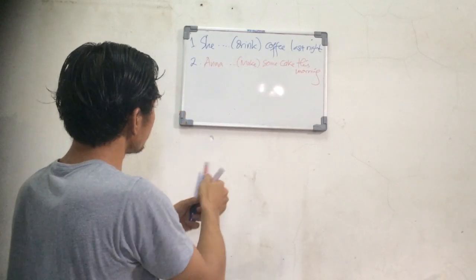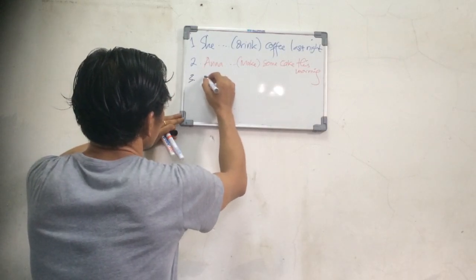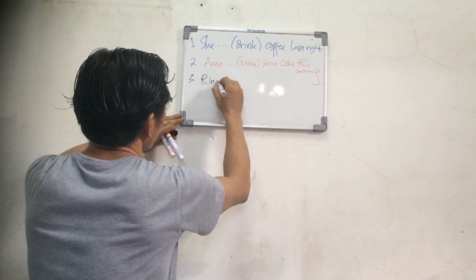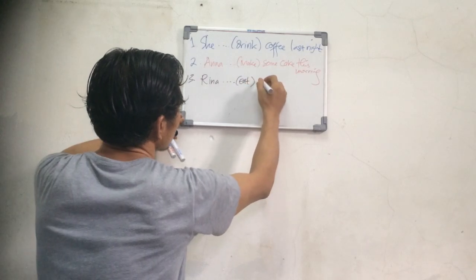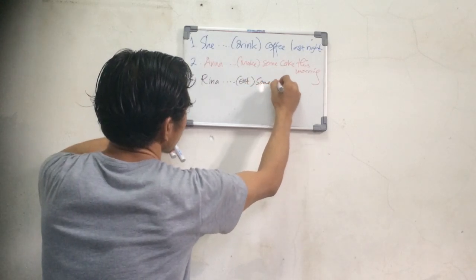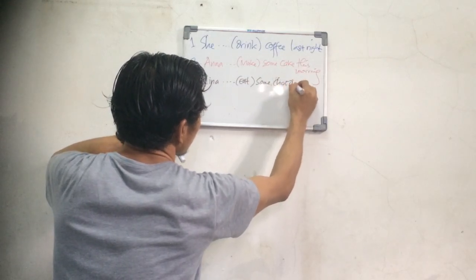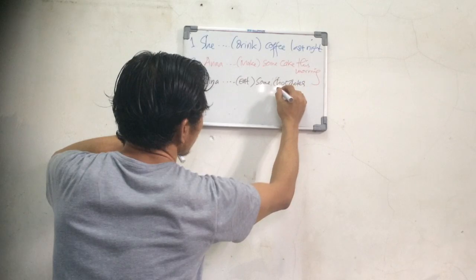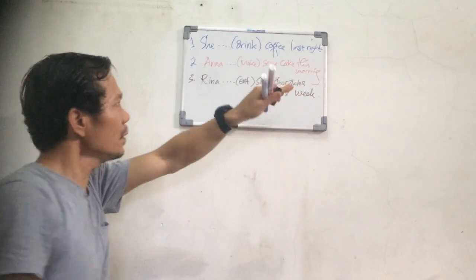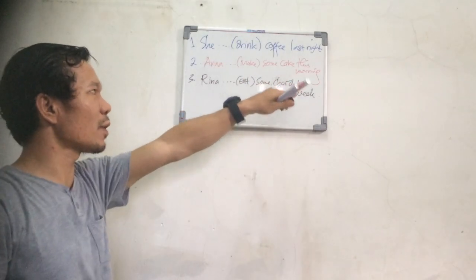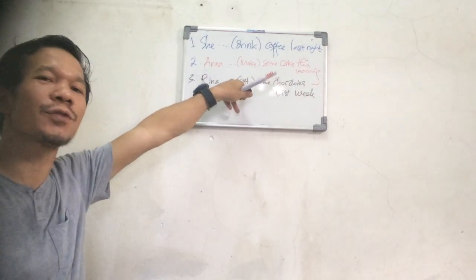Number 3: Rina, in bracket eat, some chocolates last week. The same, you have to change the verb eat into verb 2.